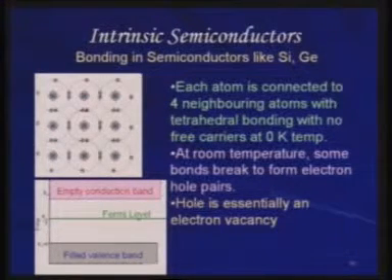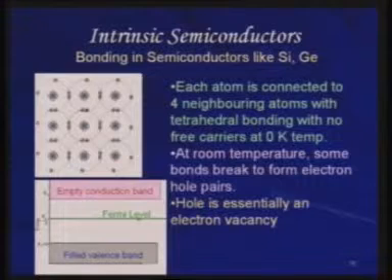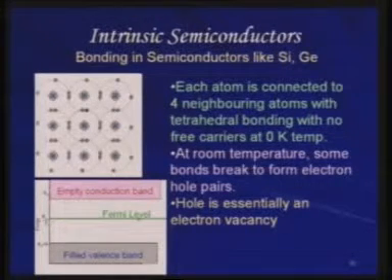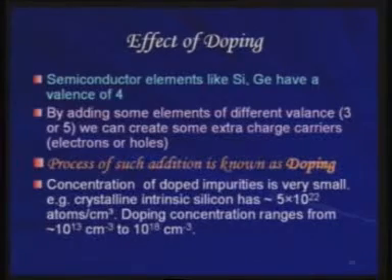But the intrinsic semiconductor is not completely useful or a complete remedy for everything. We need to have control over the conductivity in a better way. In that case, what we do is add a small amount of another element to these semiconductors.